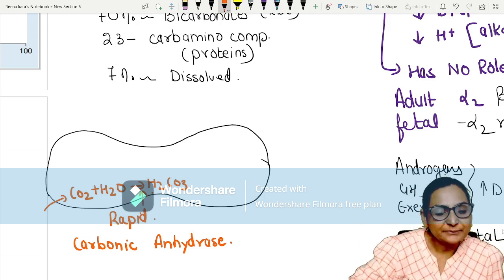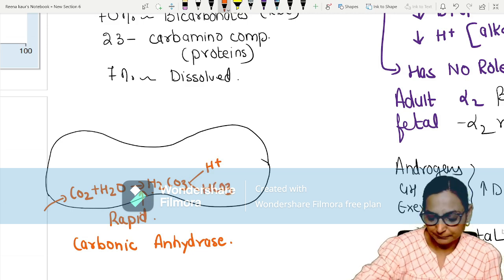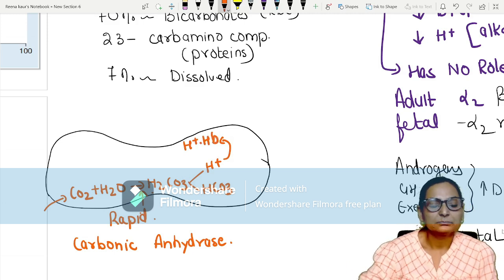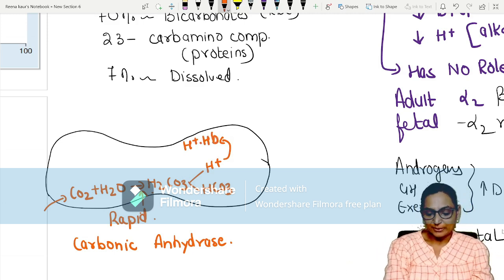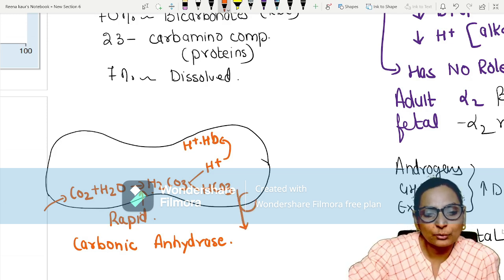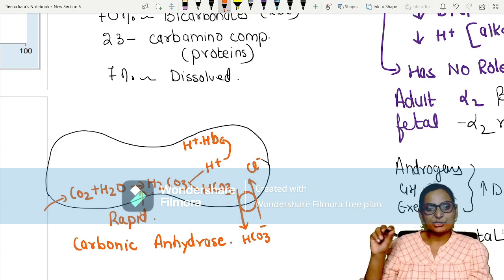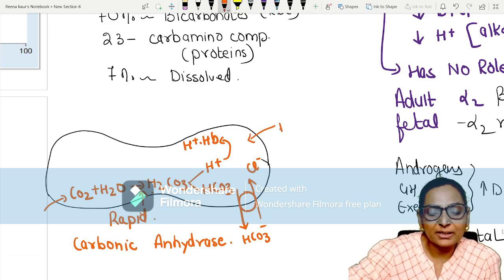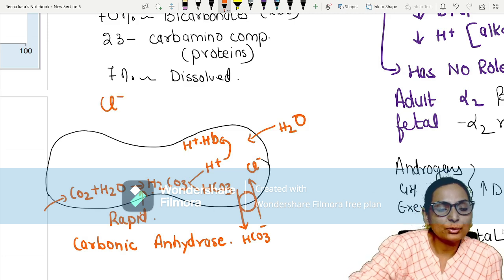Now, this H2CO3 will dissociate into H plus and bicarbonates. This H plus will bind with the hemoglobin, because hemoglobin is a buffer, so it will take up the H plus. And the bicarbonates will be exchanged for chloride. So the chloride will move into the cell, and chloride is osmotically active, so water will also go in, and this is called the chloride shift.